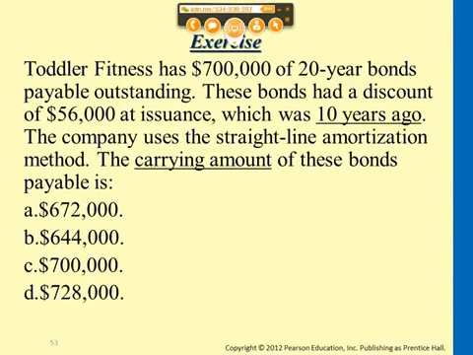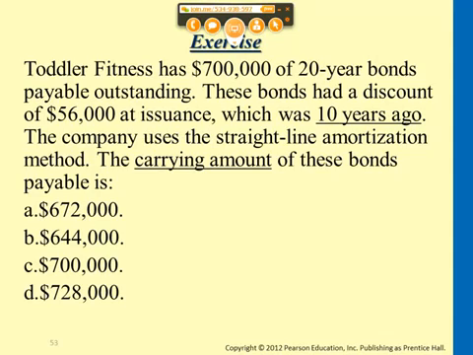If it's a premium, it will be a dollar amount, something like $750,000 as an example. Gradually speaking, the carrying amount for a premium will be reducing to a point that reaches the face value of the bond. So if it's a discount case, the carrying amount will gradually increase. So you know for sure 10 years later it will be a dollar amount higher than $644,000. But now we need to know exactly what the dollar amount is.